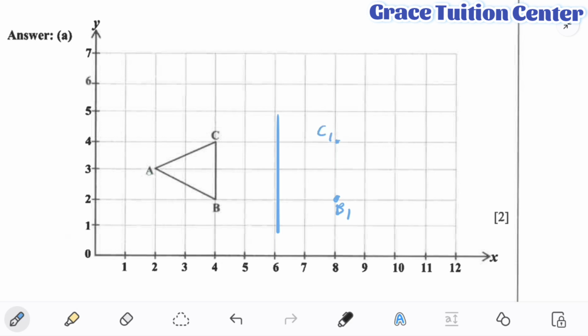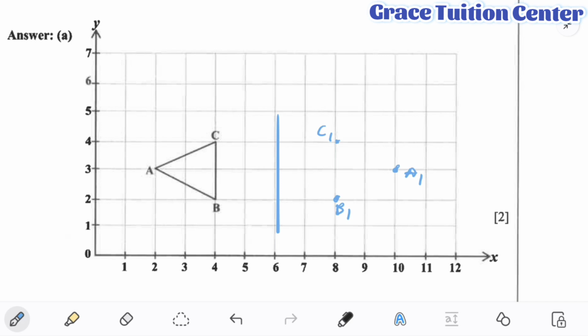How about point A? We go on the mirror line and count how many steps are there from here to A. So it's 1, 2, 3, 4 steps. So here I'll also do the same. I'll count 1, 2, 3, 4 steps. Is that okay? So here, that is where my A1 is going to be.